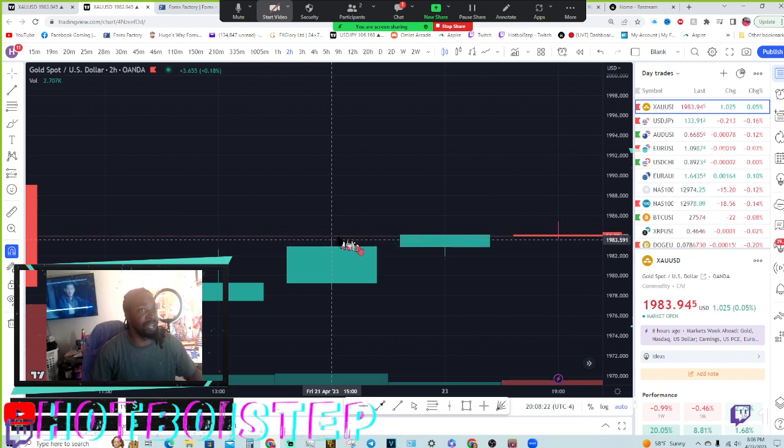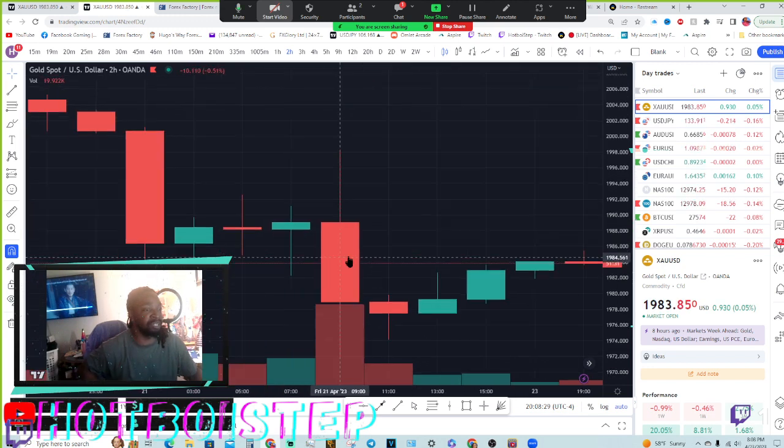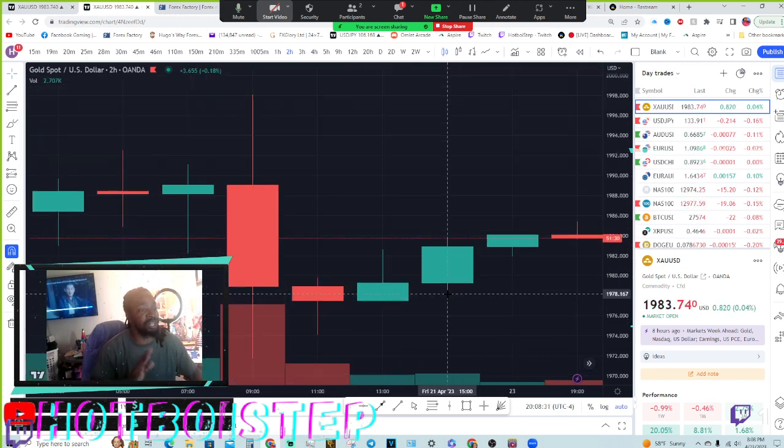For whatever time frame, this is a 2-hour time frame for every single candle. So every single one of these candles is 2 hours. But you could set it to however you want. You could make it 1 minute candles, 1 hour candles, 1 day candles, 1 week. It depends on how you want to look at it.